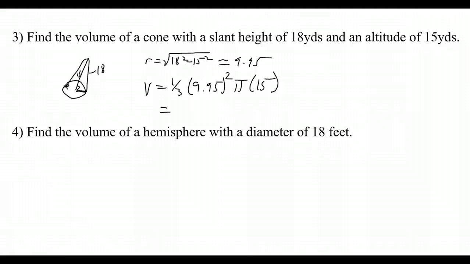So when I work this out, I've got 1/3 multiplied times 9.95 squared multiplied times pi, and then times 15, since that was my height. And that comes out to be approximately 1555.13, and that will be cubic yards.